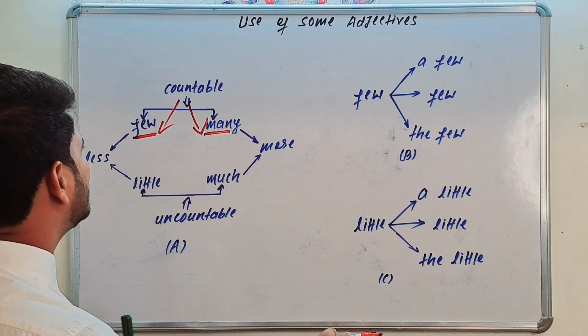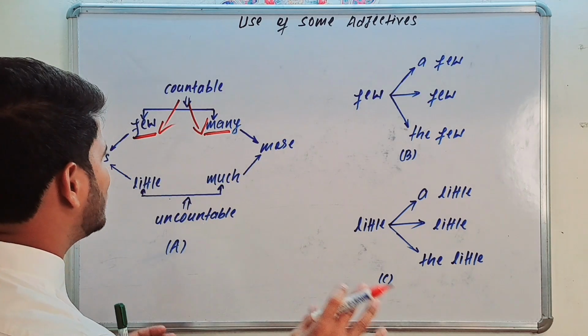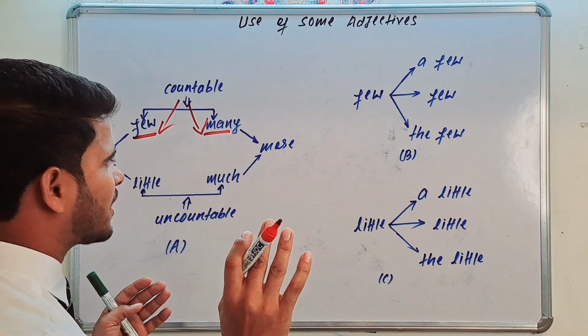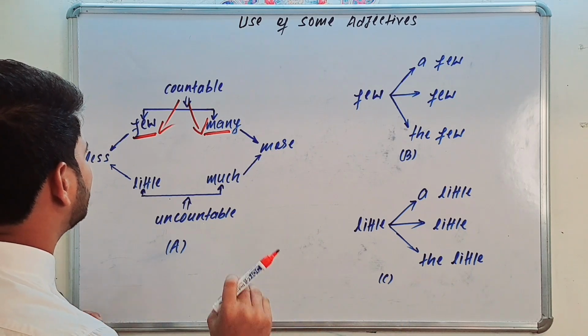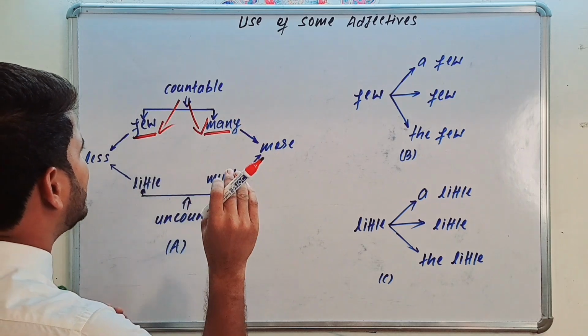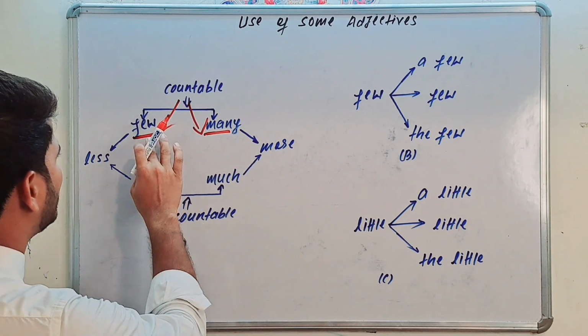Don't use few and many with uncountable nouns, like don't say many milk and few milk. Never use it like that.